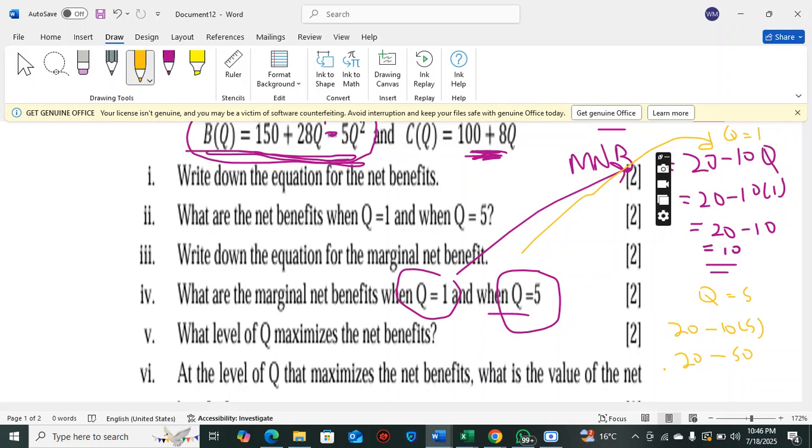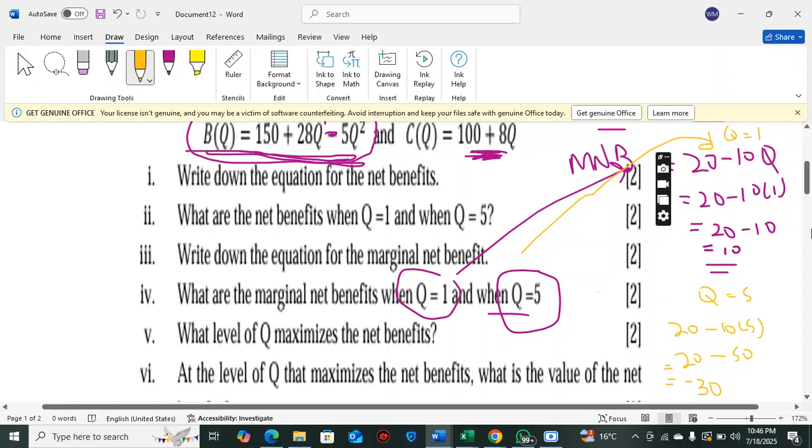That gives us negative 30 as the marginal net benefit. So producing at 5 units is not a good idea. Producing at 1 unit, at least we've got a positive marginal net benefit, and our net benefit was also greater than at q equals 5.